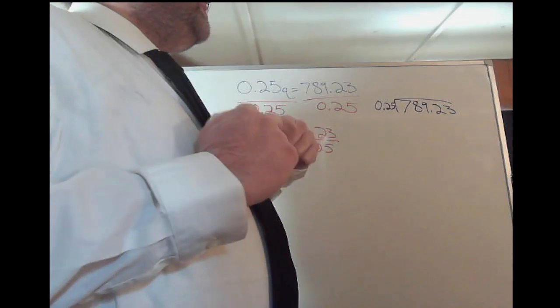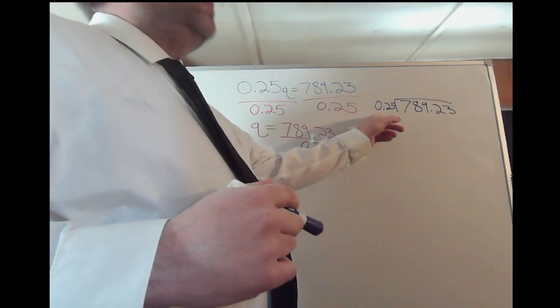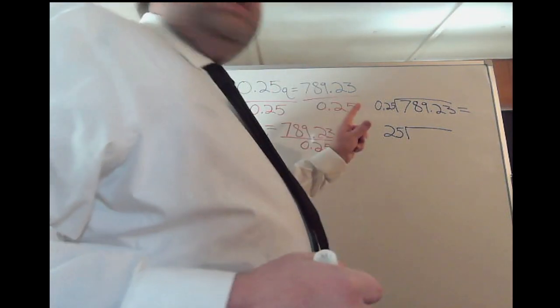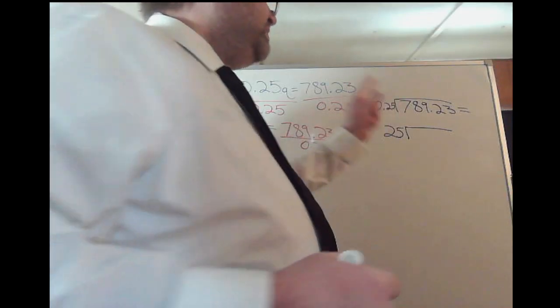In order to get rid of the decimal, we're going to have to move that to the right 2 decimal places. So you're going to rewrite this. You'll have 25 in the divisor if you move it to the right 2 decimal places. But what you do to the divisor, you must also do to the dividend. You'll move that to the right 2 decimal places. You'll end up with 78,923.